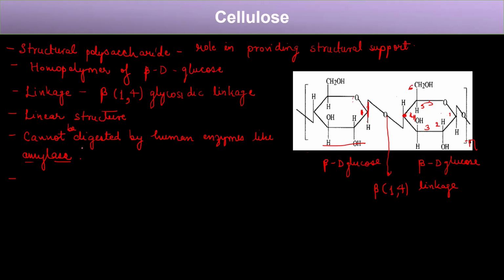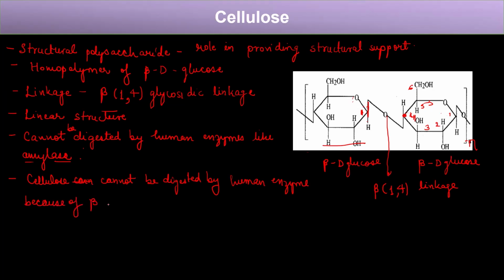So why can it not be digested? Cellulose cannot be digested by human enzymes because of the beta 1,4 linkage. This type of linkage makes such a big difference.